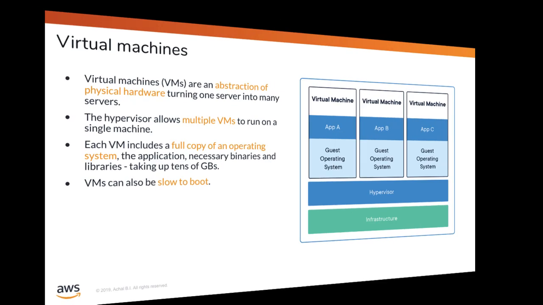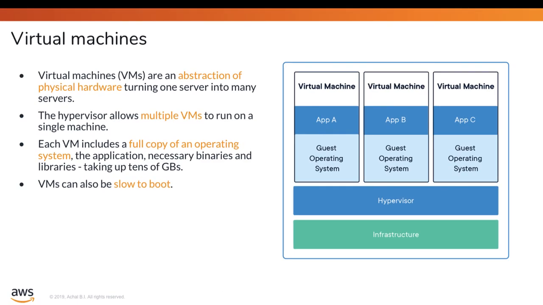So let's understand what a virtual machine is all about. Virtual machines are an abstraction of physical hardware. They try to mimic the underlying hardware, right? They run on top of hypervisors. These hypervisors allow multiple virtual machines to run on a single machine, and a virtual machine includes a full copy of the operating system.